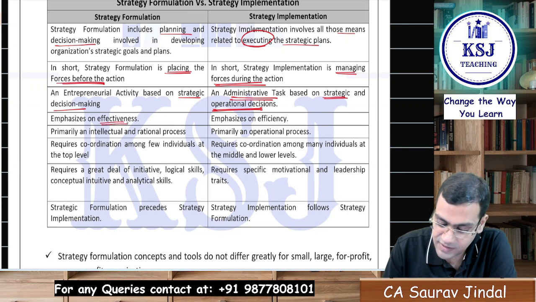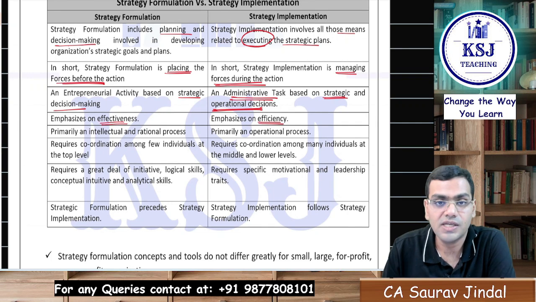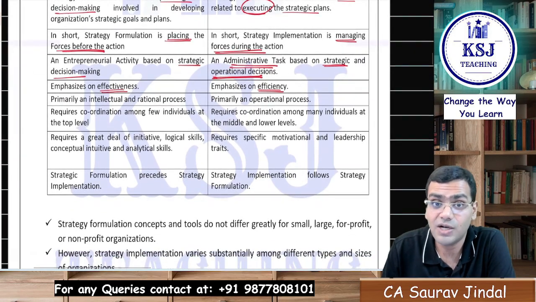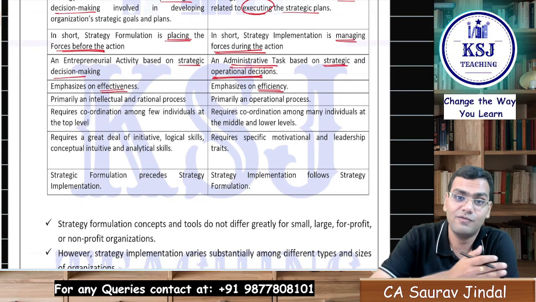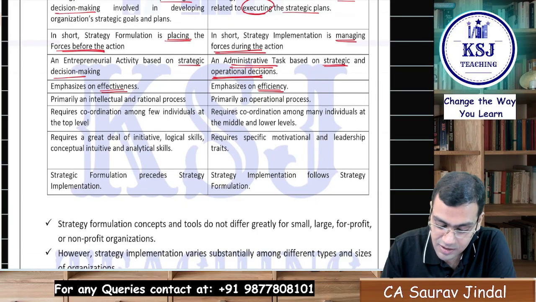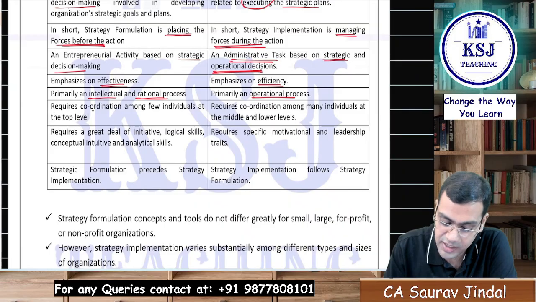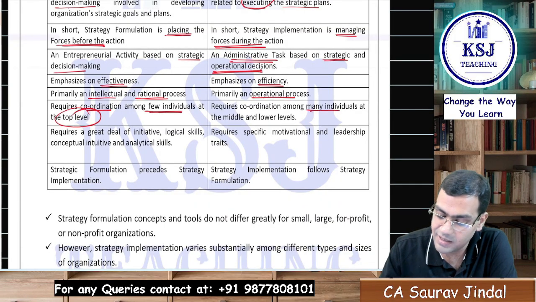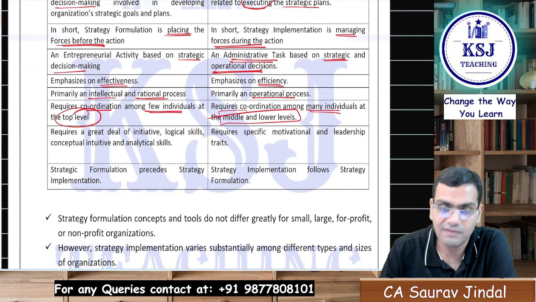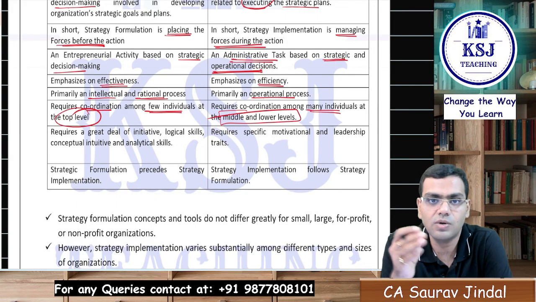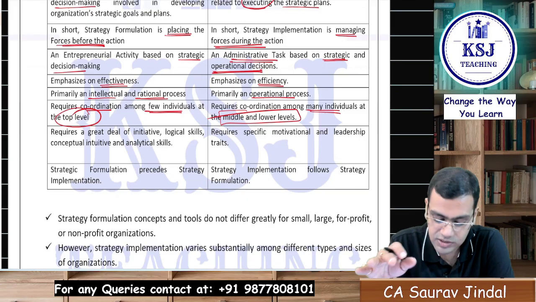Formulation puts emphasis on effectiveness, and here it is on efficiency, that is, how efficiently you will be able to implement the effectively formulated strategy. Formulation is an intellectual and rational process, implementation is an operational process. Formulation requires coordination among few individuals at the top level, and here many individuals at the middle and lower level, because implementation is always going to take place at the lower levels, right?